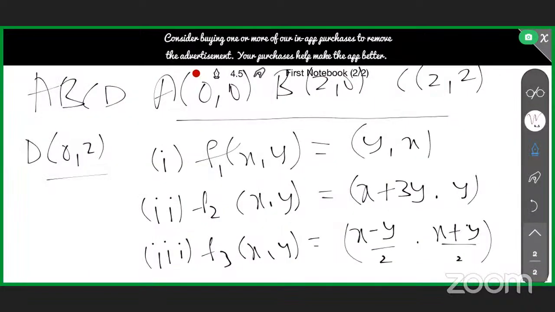After all these transformations, one after the other, what will the square become? Will the square remain a square, or will it become some other geometrical figure? So we will do the transformations.